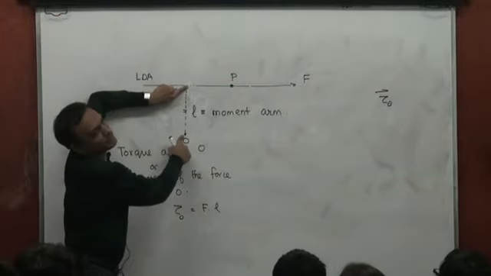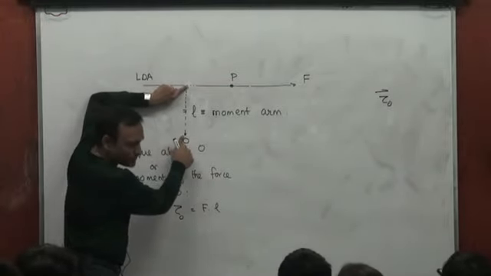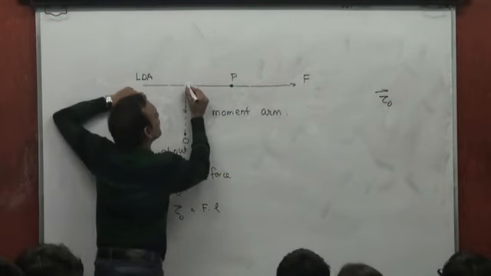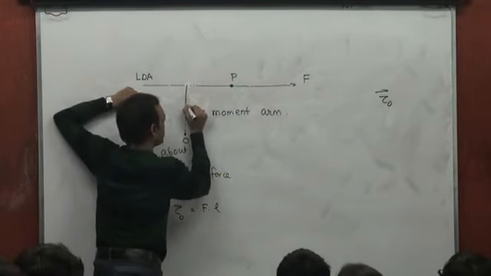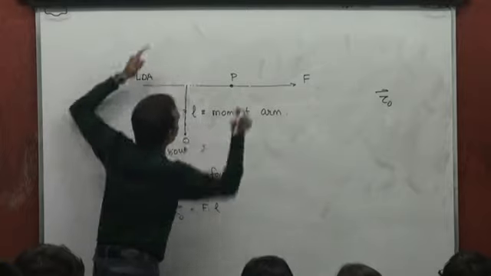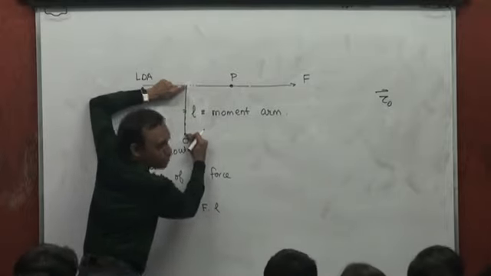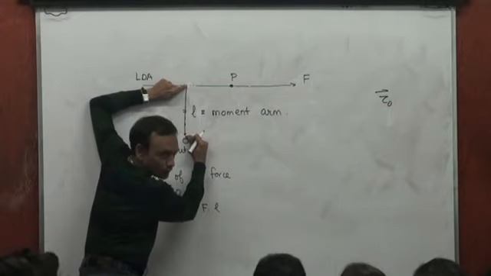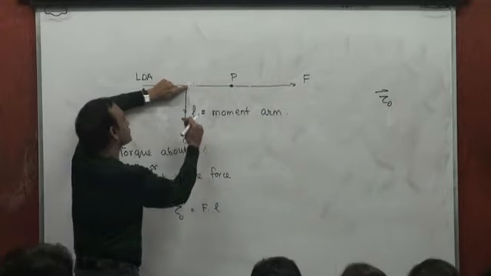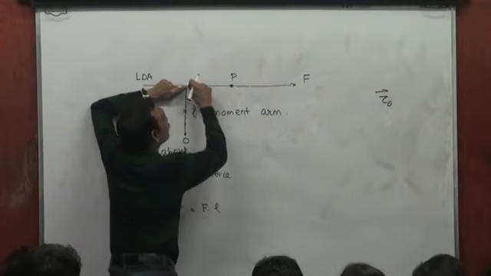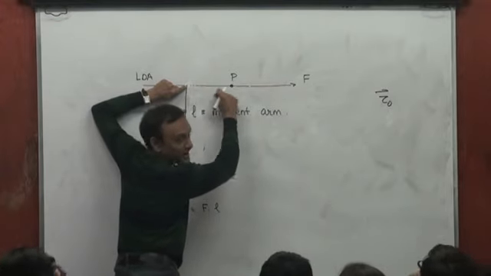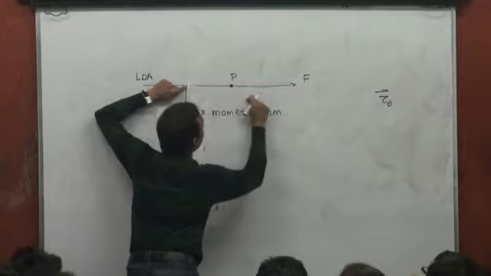This is the moment arm, the perpendicular distance of O from the line of action of the force. We mentally imagine that there is a rod here which is pivoted at O, and a force F acts on the rod in this direction.